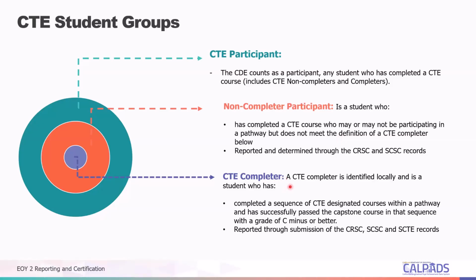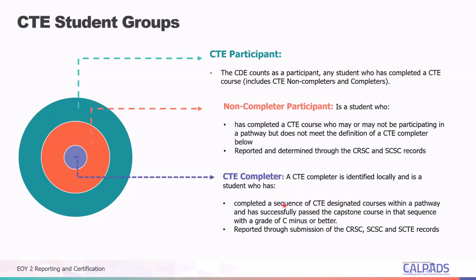Now, a CTE completer is identified locally and is a student who has completed a sequence of CTE designated courses within the pathway and has successfully passed the capstone course in that sequence with a grade of C- or better.